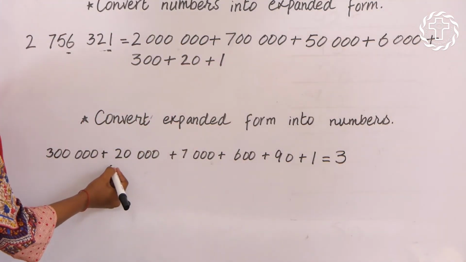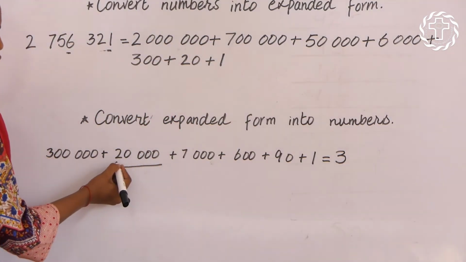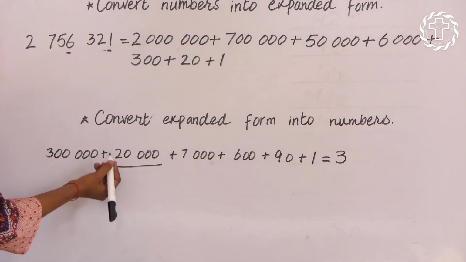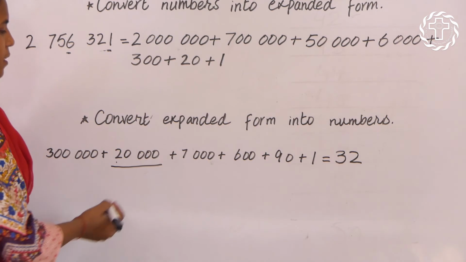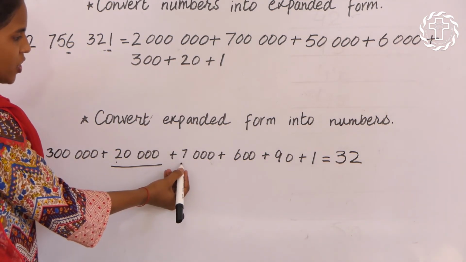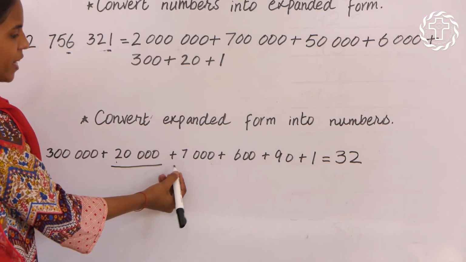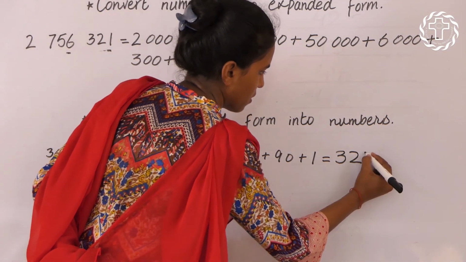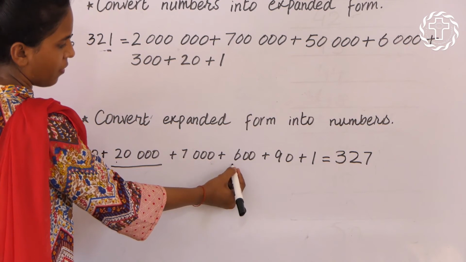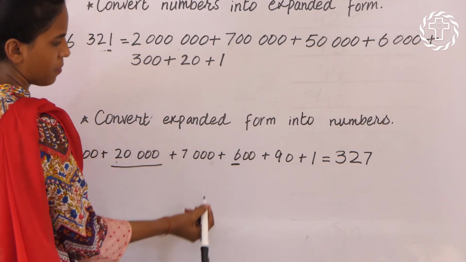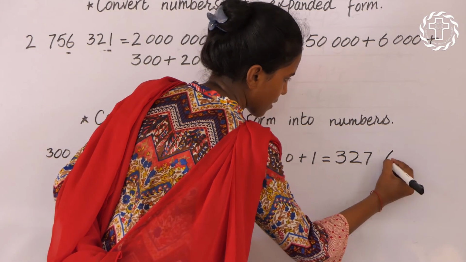Then in the second number, the first digit is 2. So we will write 2. In the third number, the first digit is 7. So we will write 7. In the fourth number, the first digit is 6. So we will write 6.